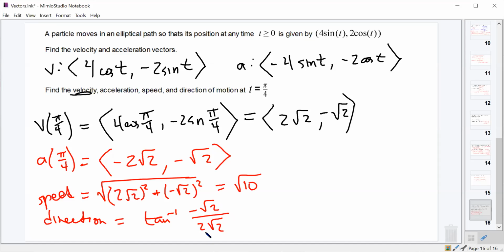And what is the inverse tangent of that come out to be? Negative 0.463 radians. People agree with that? Negative 0.464, 0.463.